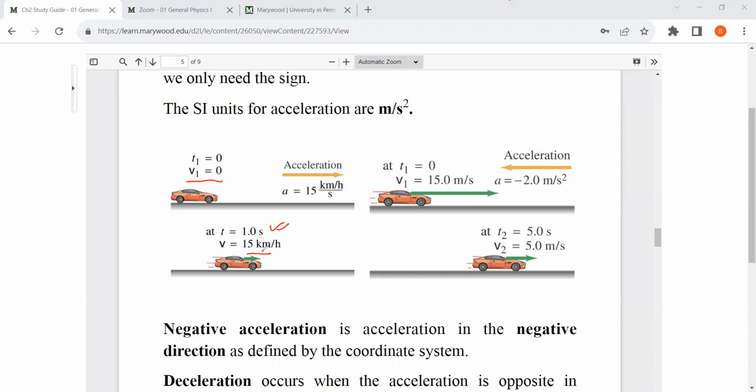So what is the acceleration then? The acceleration will be v2 minus v1 over delta t, or t2 minus t1. Delta t here is basically 1 second, v2 is 15 kilometer per hour, and v1 is 0. So it is basically 15 kilometer per hour per second.